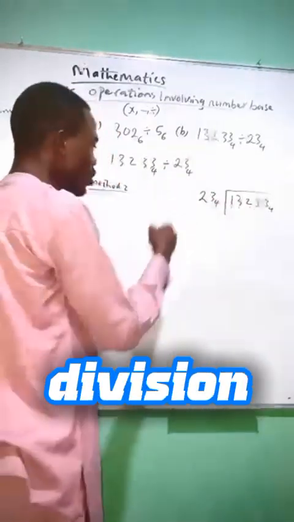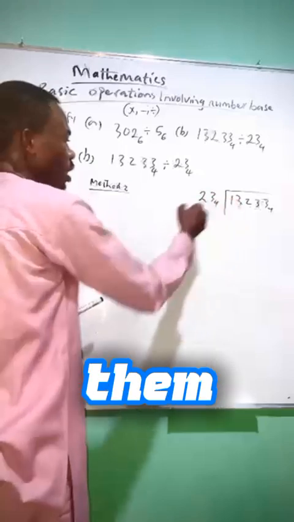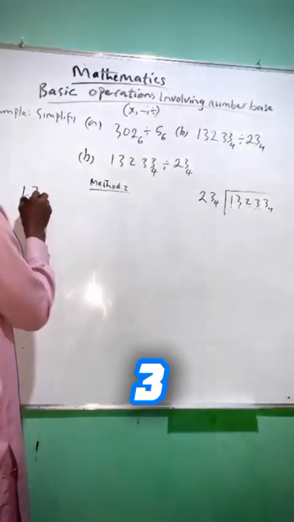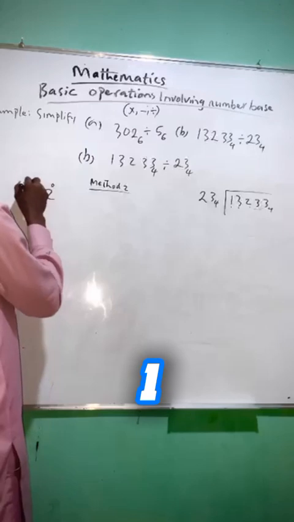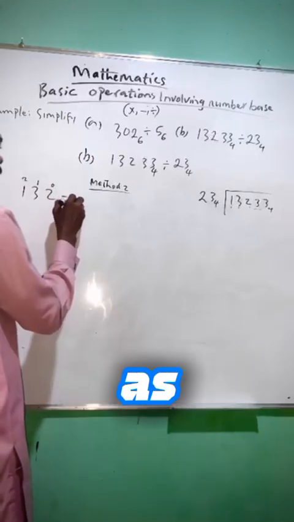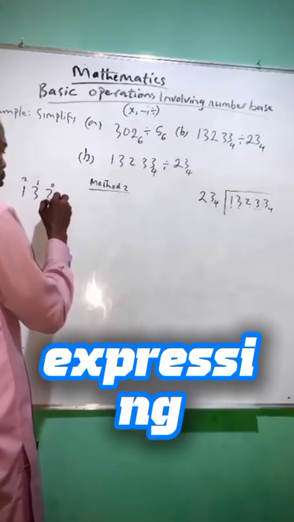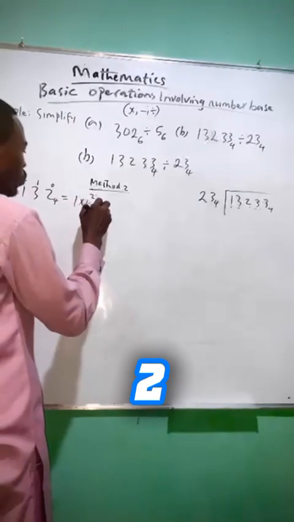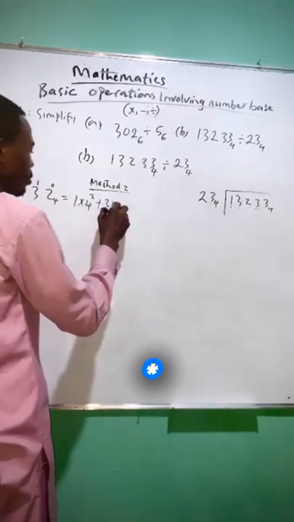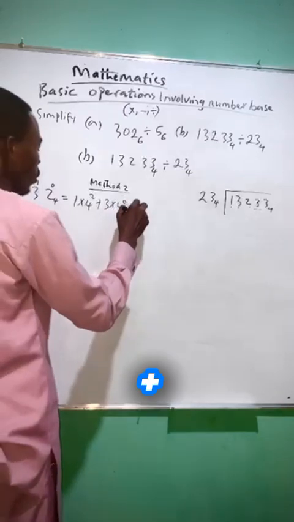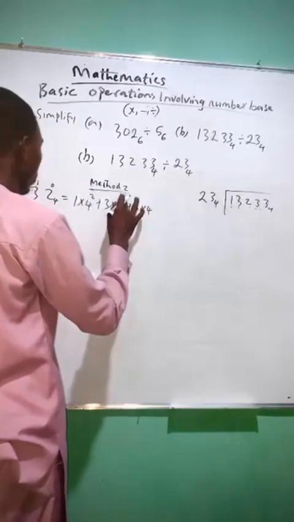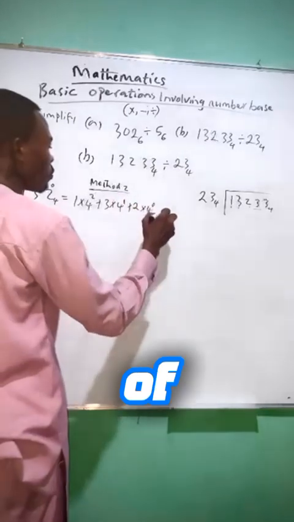For me to do this division, I will have to convert both of them to base 10. So converting to base 10, I have 132, which is the same thing as, remember, I'm expressing them in the power of the base: 1 times 4 to the power of 2 plus 3 times 4 to the power of 1 plus 2 times 4 to the power of 0.